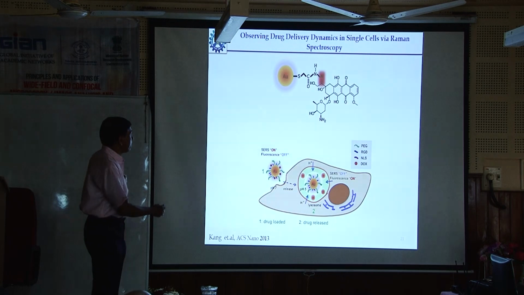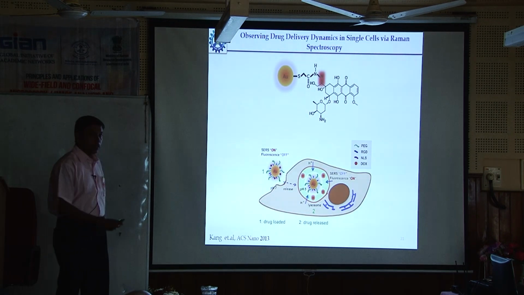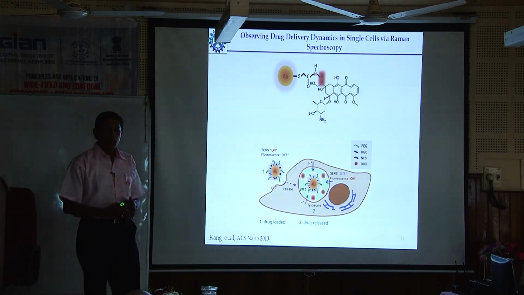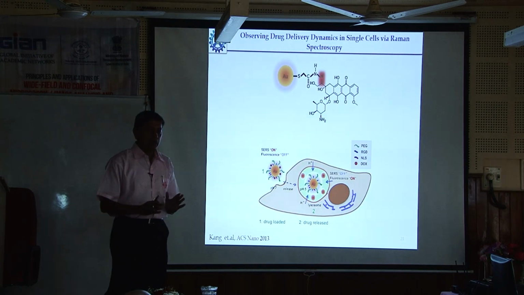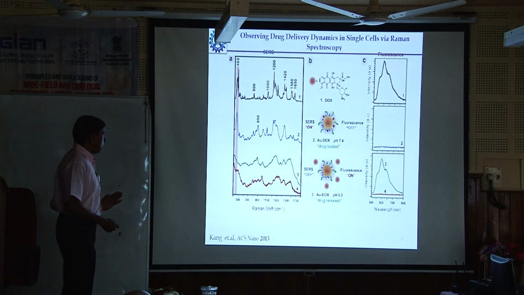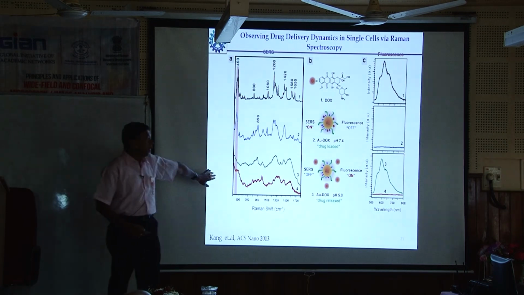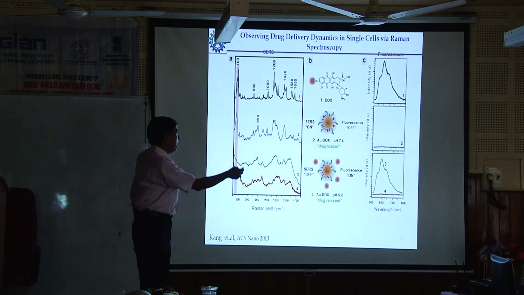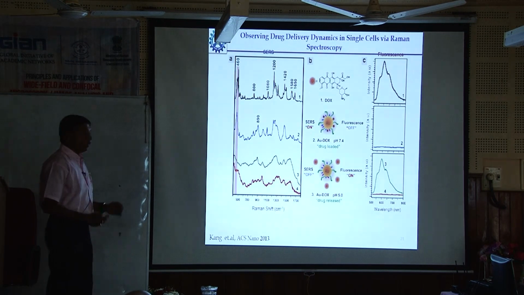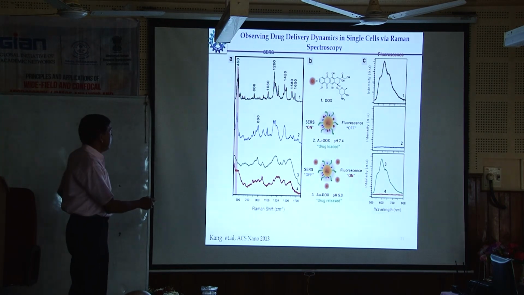On the other hand, when it is conjugated with the SERS substrate, its fluorescence is quenched, and you get only the Raman peak. So, this is translated here. This side is the surface Raman scattering, and this is the fluorescence modality. When it is intact with the gold nanoparticle, you can see the Raman bands.